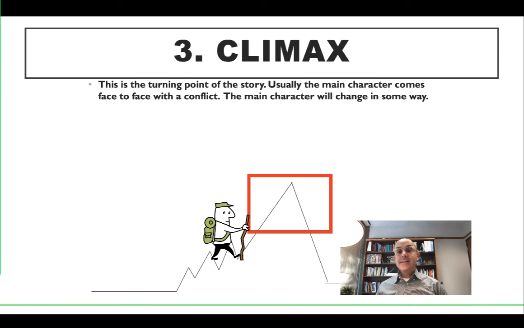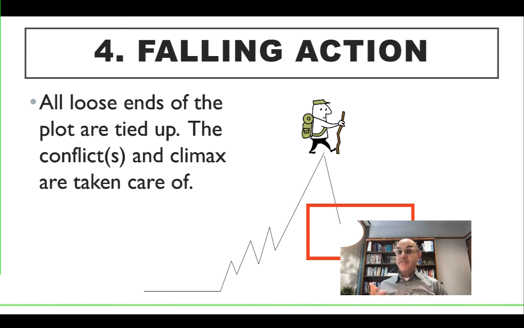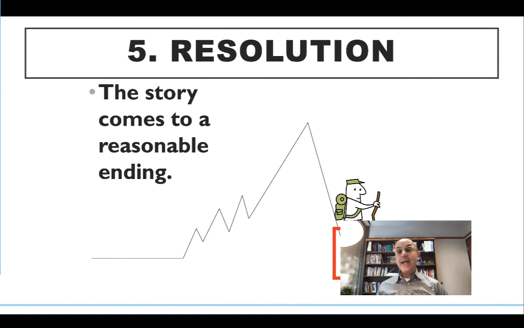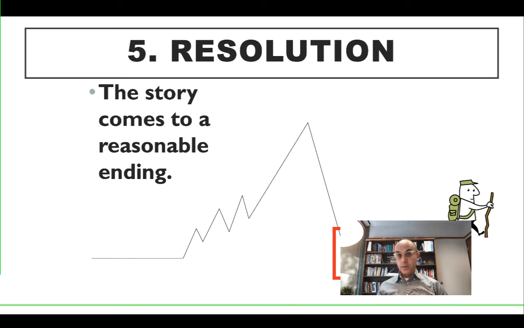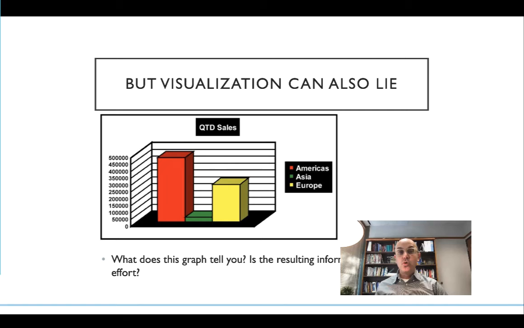And then the climax is where the top of the story that we are trying to tell is reached. And from there, usually we are falling down, and so the climax is taken care of. And the resolution comes out of it. So this is my interpretation of how we are trying to tell a story using visualization or a plot.